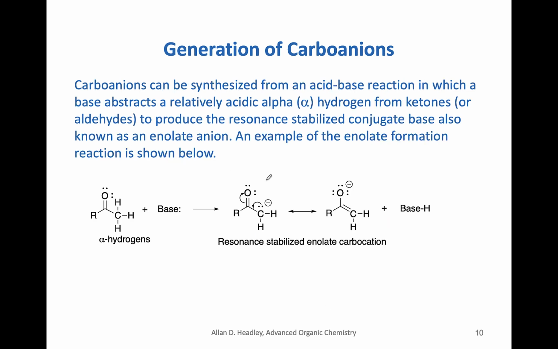Okay, let's look at another way to generate anions. And this is essentially an acid-base reaction. So here, let's look at the carbonyl, in this case a ketone. We have R and R. But you should notice that this is the alpha carbon, so therefore these are the alpha hydrogens.